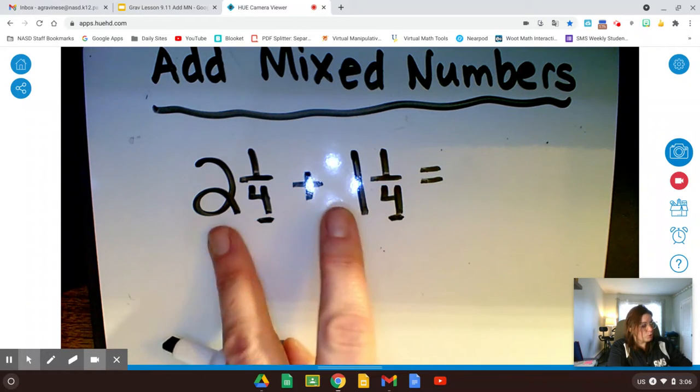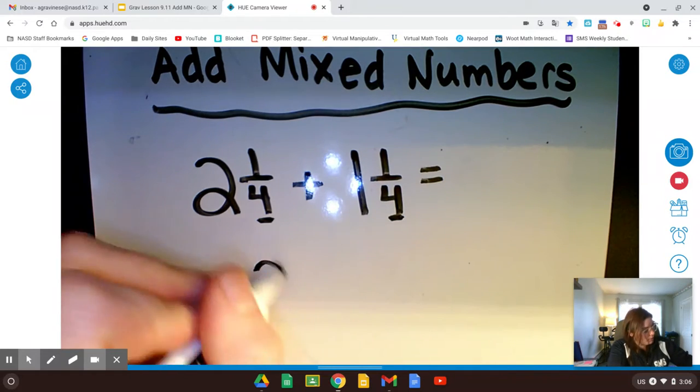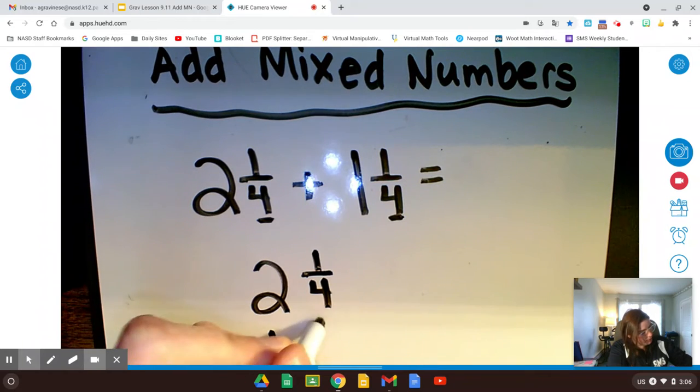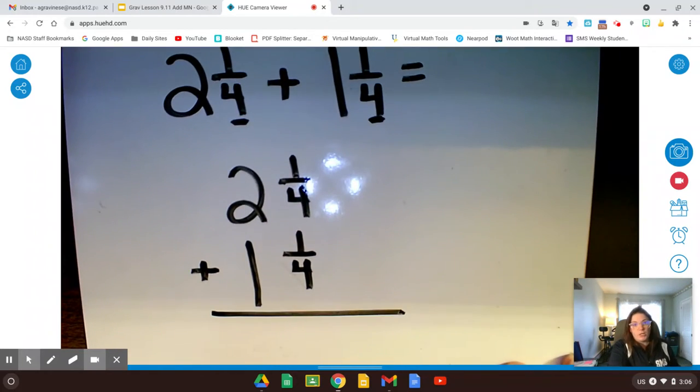So when I'm taking 2 1/4 and I'm adding 1 1/4, I'm going to go ahead and stack my problem vertically like we did when we were adding and subtracting unlike fractions.